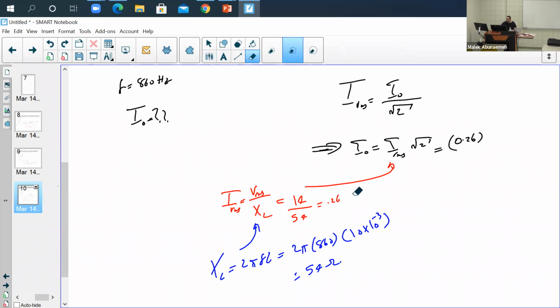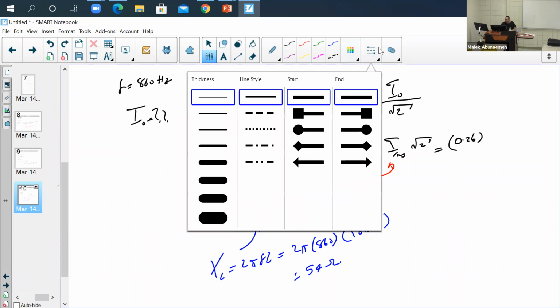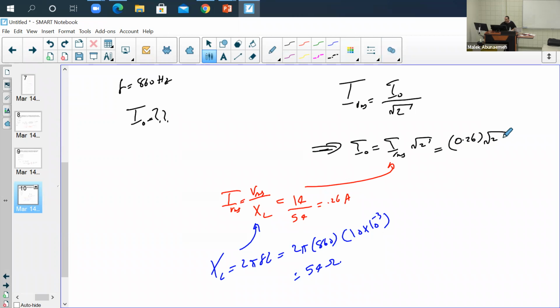It's supposed to be amps, I'm sorry. So your 0.26 amps multiplied by your square root of 2, which is gonna equal to your 0.37 amps.